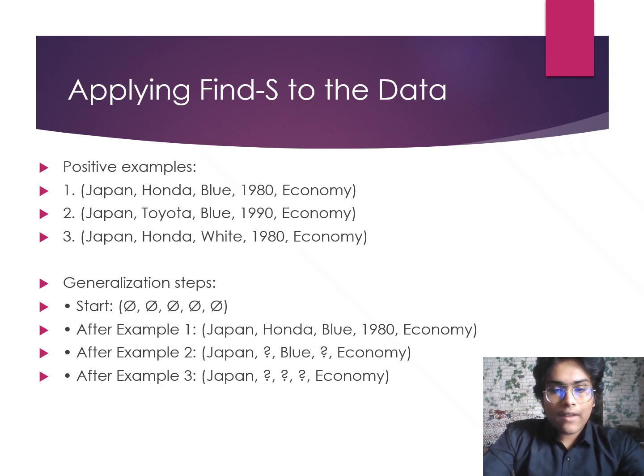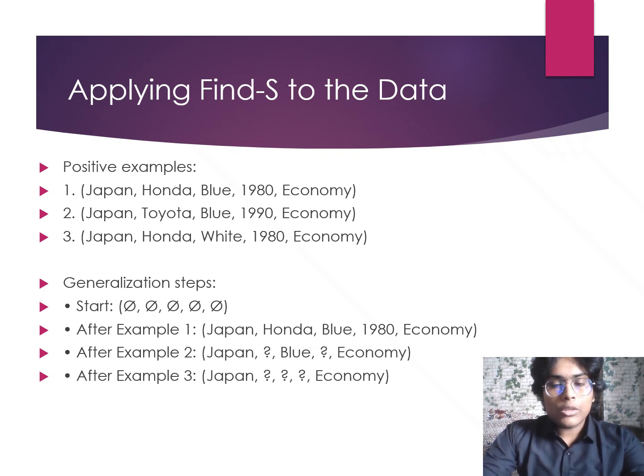Now we compare this hypothesis with the third positive example. Japan matches. Honda does not match, so we use a question mark. The color is white but the hypothesis has blue, so we assign a question mark.